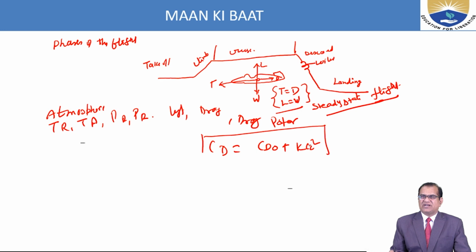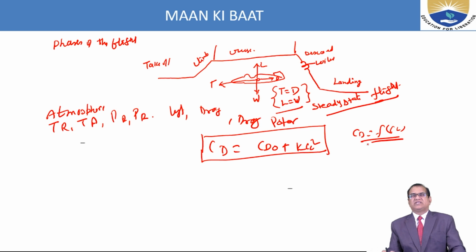These all things we have already learned. And in fact here the CD is a function of CL. This we have already done, and we have done some numericals in the last few classes. I am just handling the numericals. I think we have the 5 numericals in today's lecture.